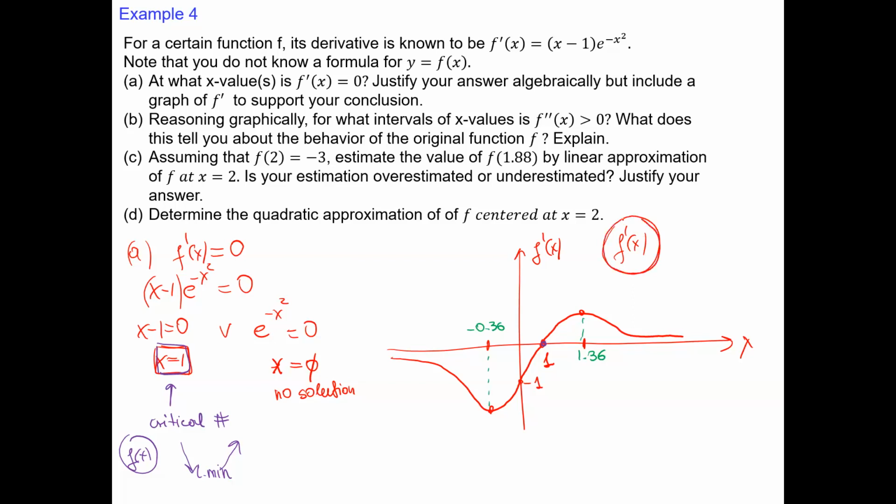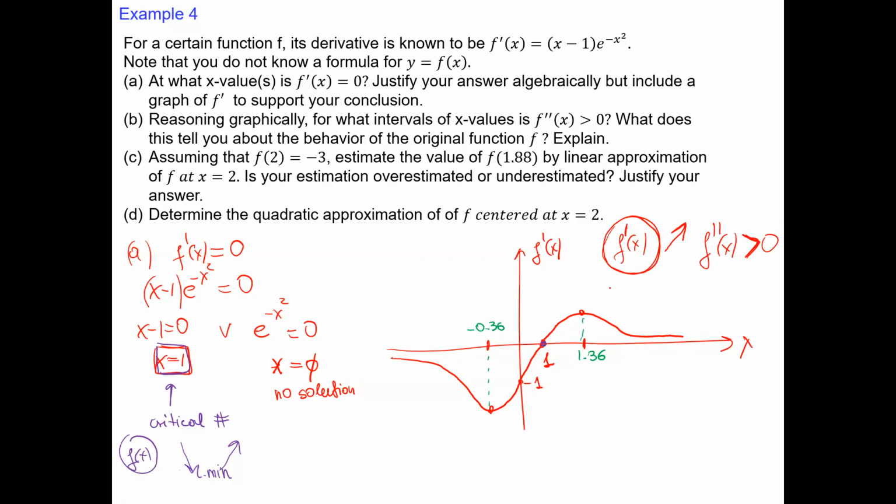If this guy is increasing, we know that its derivative is positive, because if a function is increasing, its derivative is positive. I think that's the conclusion. If this graph is increasing, because that's the graph of the first derivative, its derivative, which will become the second derivative of the original function, is actually positive.